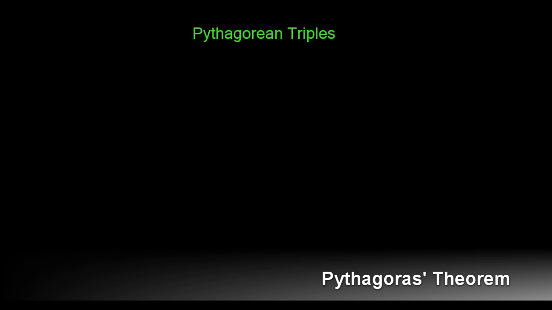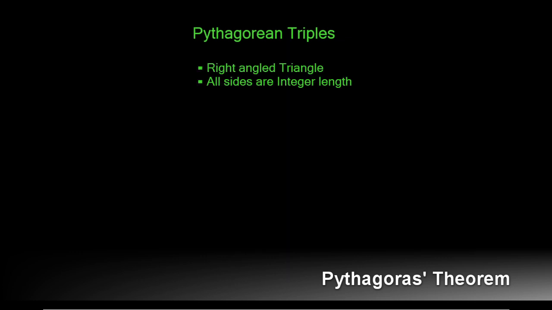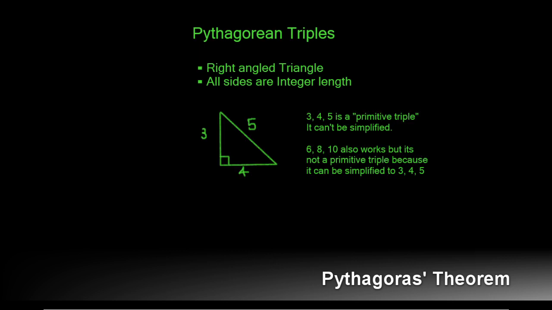What I mean by Pythagorean triple is a right angle where all the sides are of integer length. For example, the triangle that I just drew was a right angle, and the length of its sides were in the ratio 3, 4 and 5. So that's one Pythagorean triple.